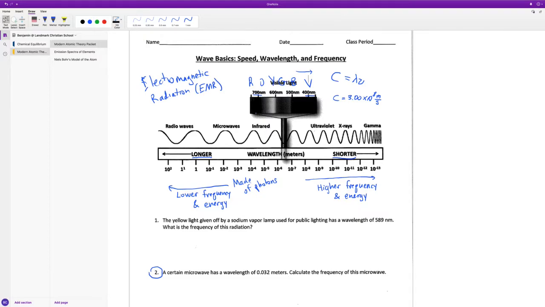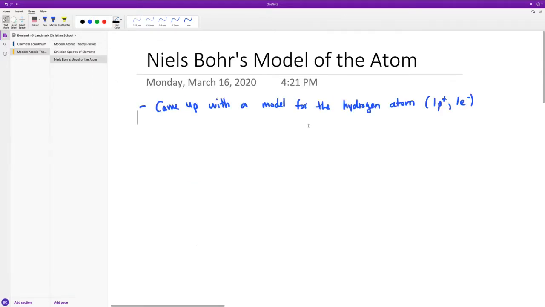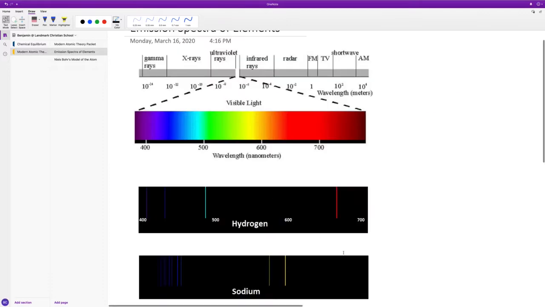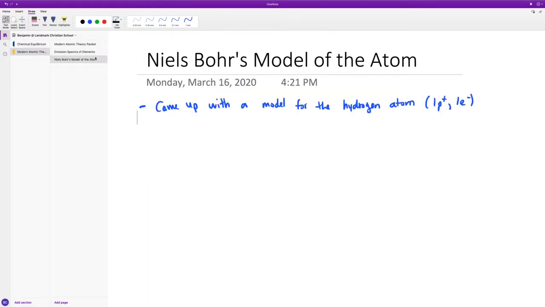And so Niels Bohr had this insight that these different colors of light that we're seeing from hydrogen's emission spectrum, it's interesting you're getting these different colors, but he really realized these are 4 different energies of electromagnetic radiation, 4 very specific energies.